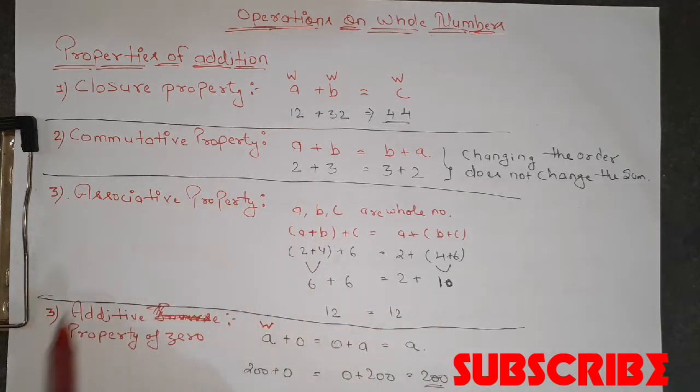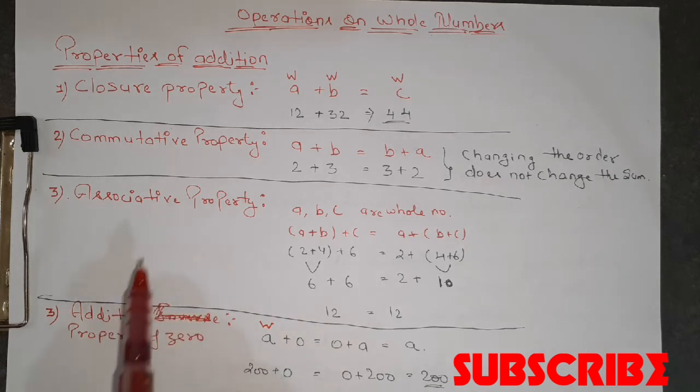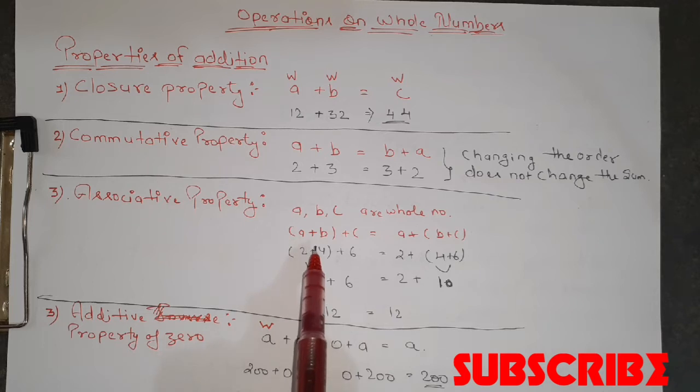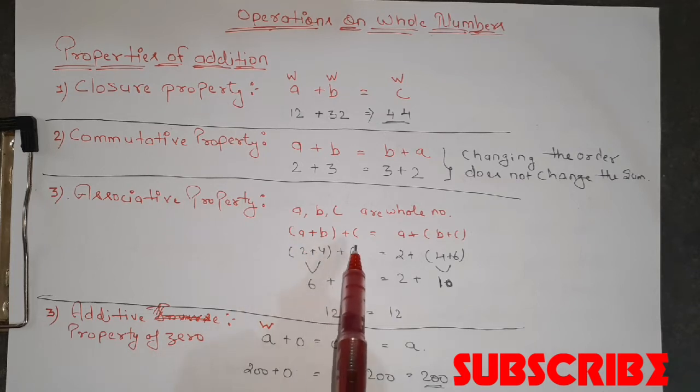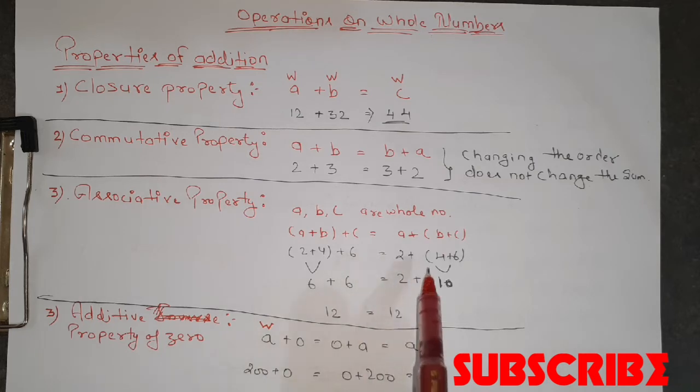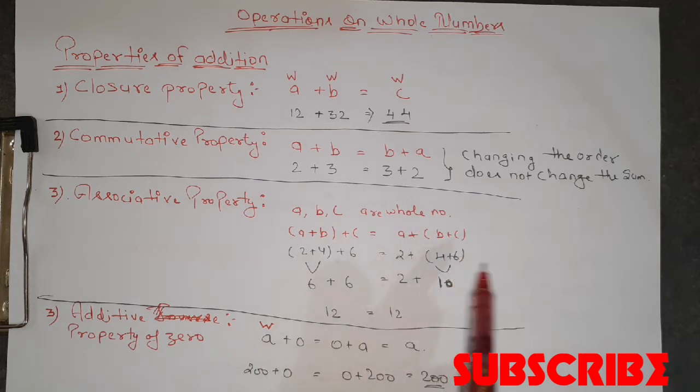Okay, the third one is the associative property. In the associative property, a, b and c are whole numbers, and if I change the grouping, like a plus b, and it is added with c, the sum will be equal to a plus b plus c.